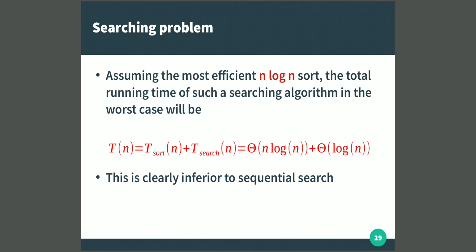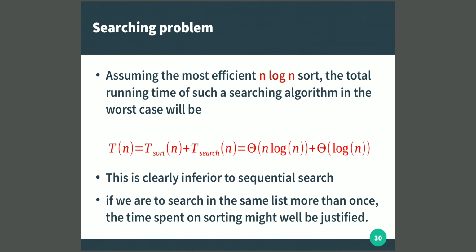So in this case, the transform and conquer solution of using pre-sorting is clearly inferior to sequential search. However, when do we see that this is actually beneficial? It turns out to be beneficial if we are to search the same list repeatedly more than once.